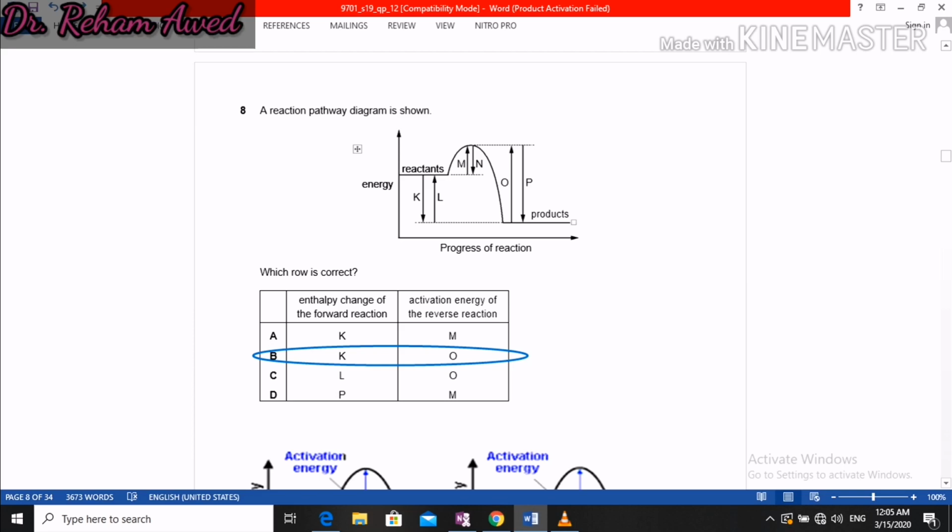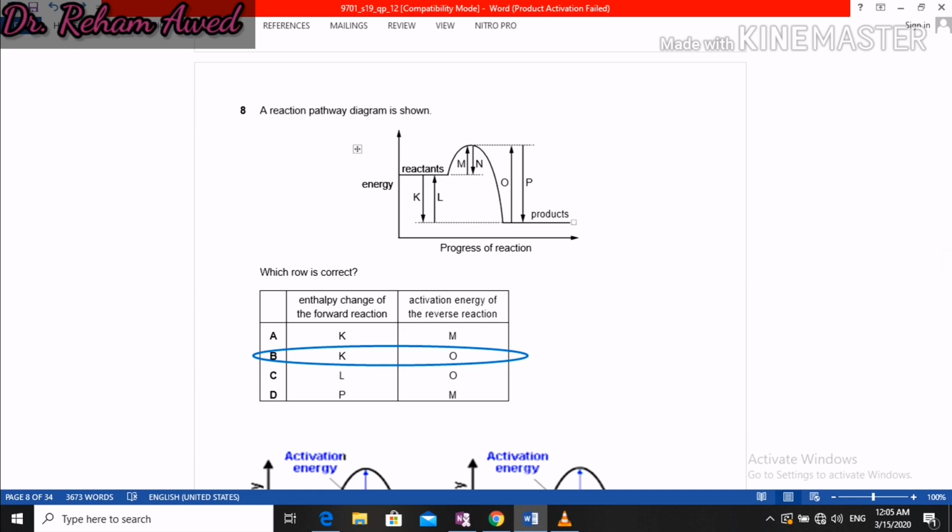When the reactants are converted into products, the reaction will release energy. Delta H of the chemical reaction is negative. But although the reaction is exothermic, we need an amount of energy to start the chemical reaction. The amount of energy required to start the chemical reaction is known as the activation energy.